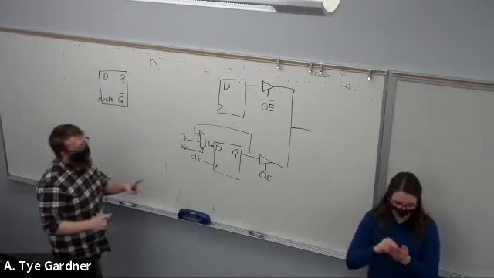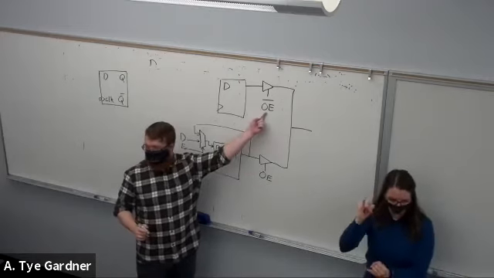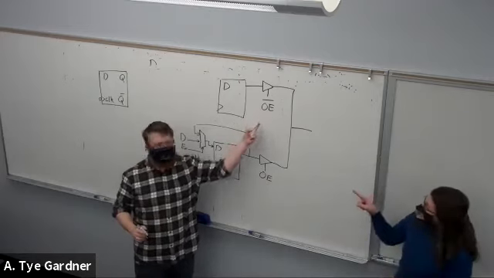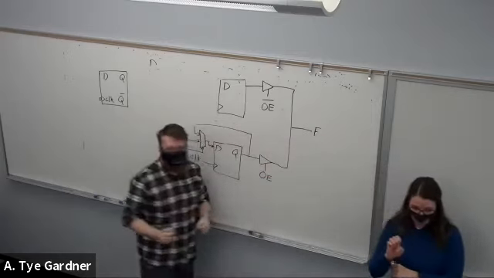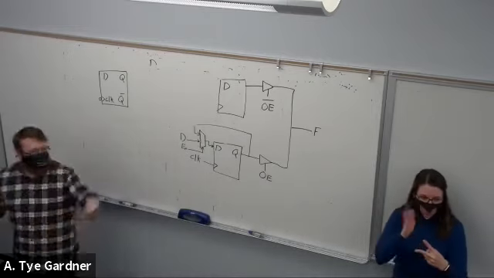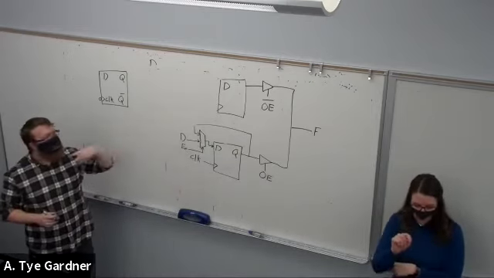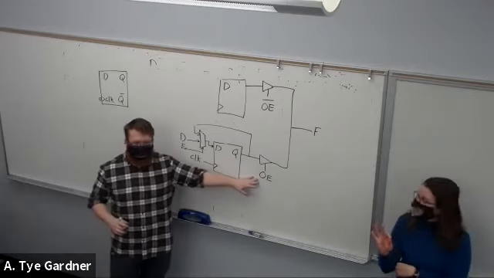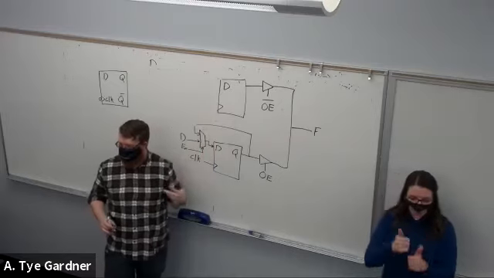This, however, is okay because I have output enable and the invert of output enable. So only one of these is ever going to drive this net F. It's impossible for both of them to be driving at the same time. I'm protected, everything is fine. And just by toggling OE, I can choose which memory to read from.